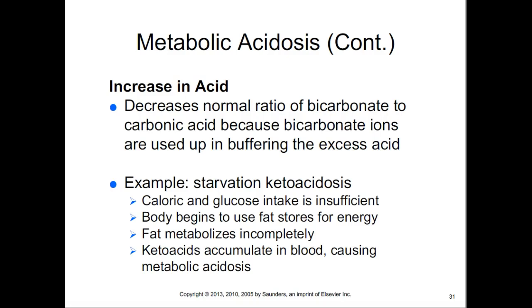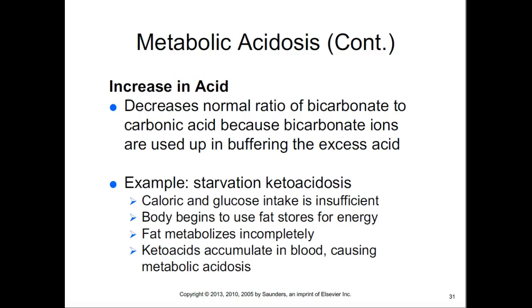So examples of metabolic acidosis: starvation, ketoacidosis. Caloric and glucose intake is insufficient, so a person who doesn't have enough calories and or glucose is going to use fat stores for energy. Fat is going to result in making keto acids.